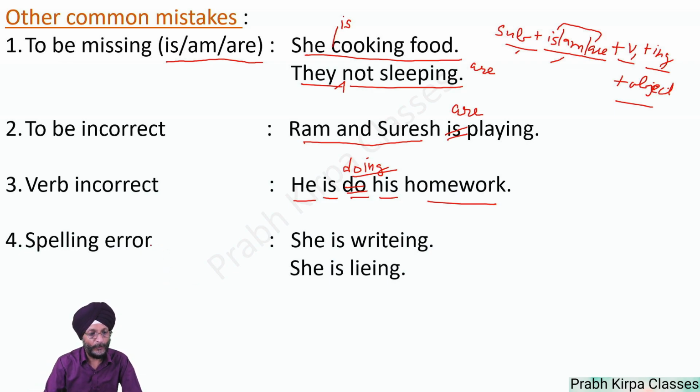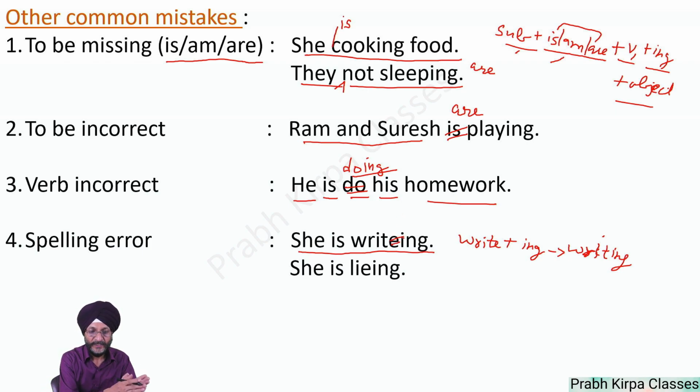The next example of another common mistake is a spelling error. "She is writing." When we convert write plus ing, it becomes writing. So we will remove the E, as told in the previous slide, that in the case of certain verbs we have to delete the silent E and simply add ing.